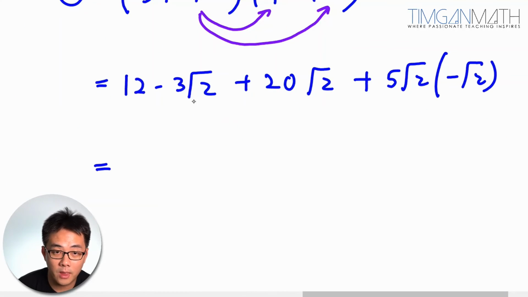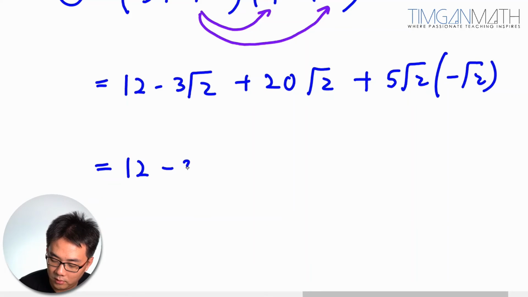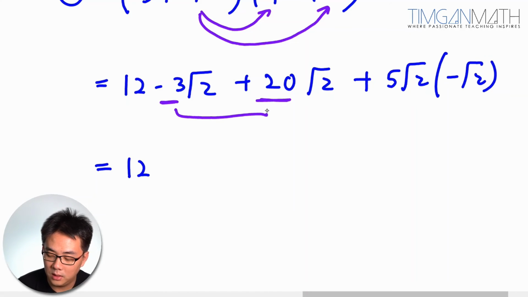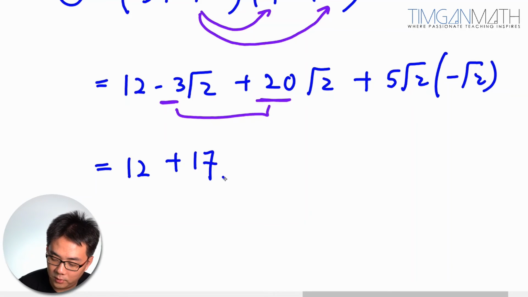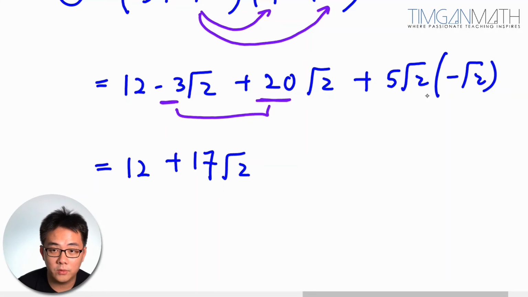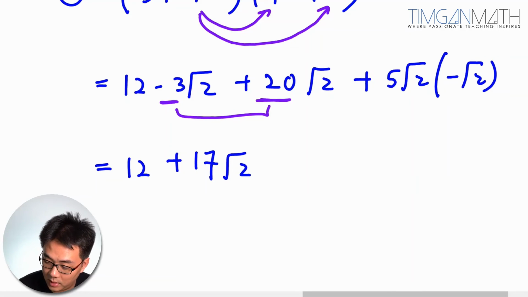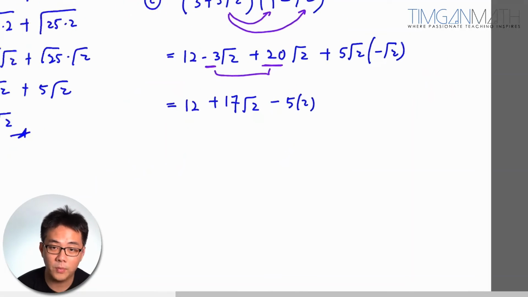So 12 minus 6 root 2 plus 20 root 2 will give us positive 14 root 2. This over here, 5 root 2 times minus root 2 will be negative 5 times 2, because root 2 times root 2 is 2. So there you go.